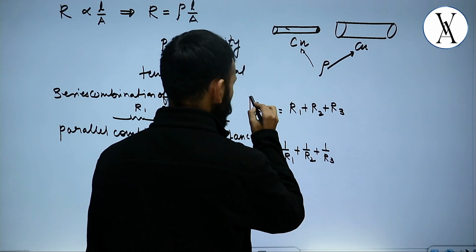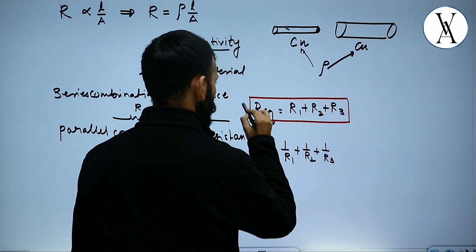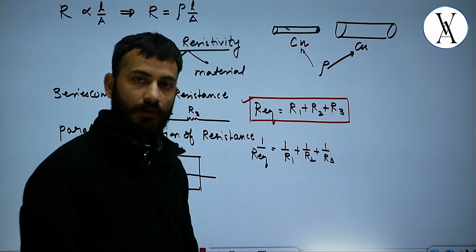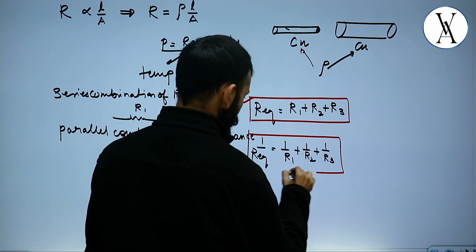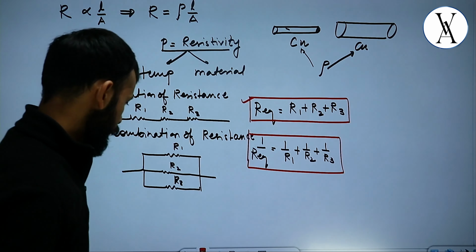So this is R equivalent for the series combination, and this is for the parallel combination.